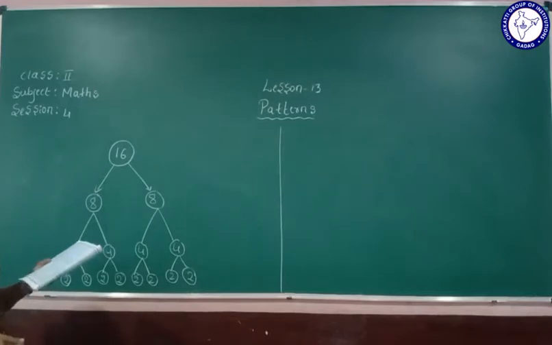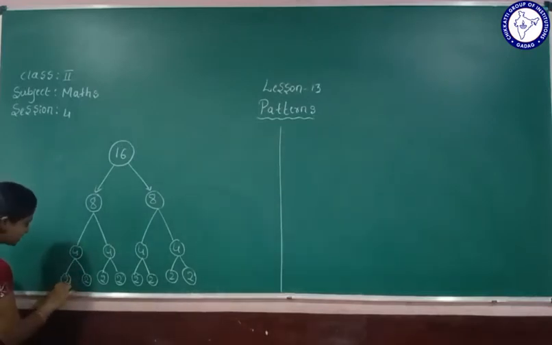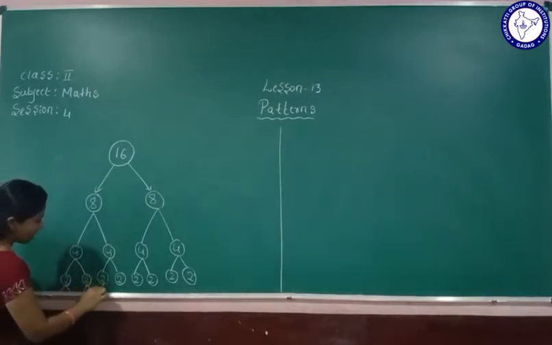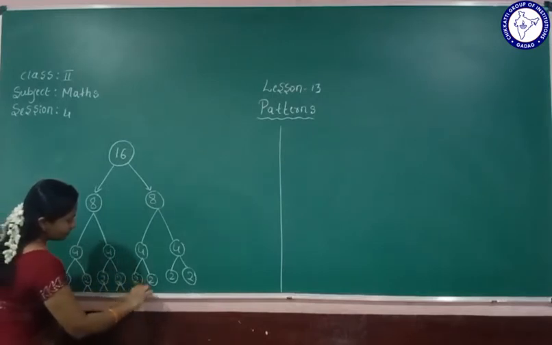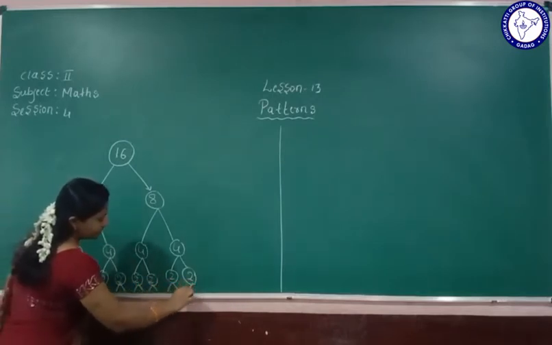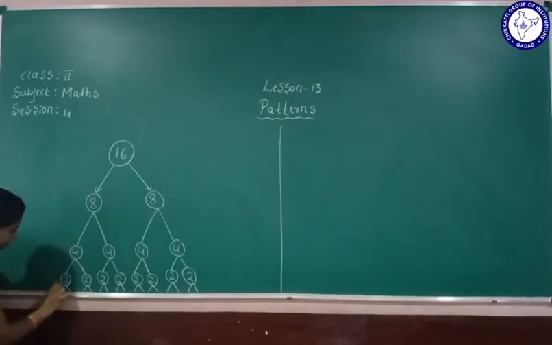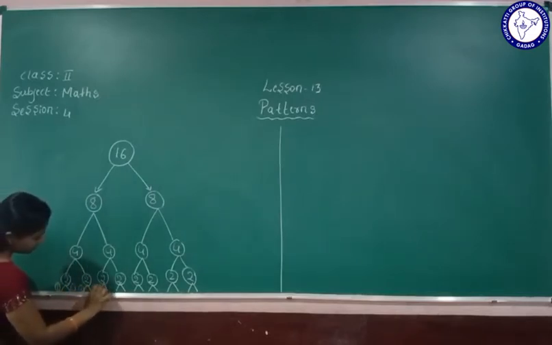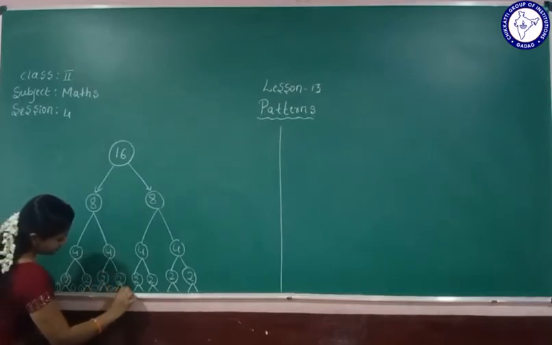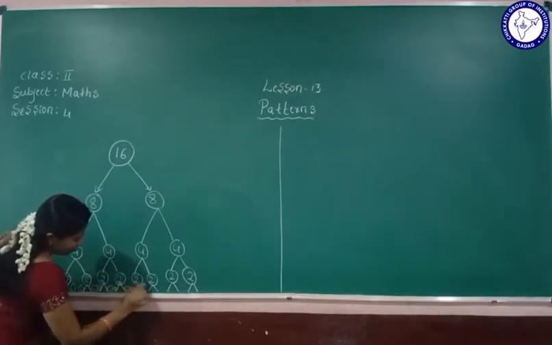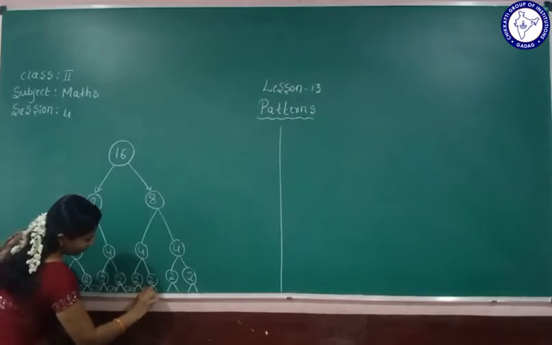Understood? Same way this 2 is split into the last digit, that is 1 plus 1. So 2 is split into 1 plus 1.